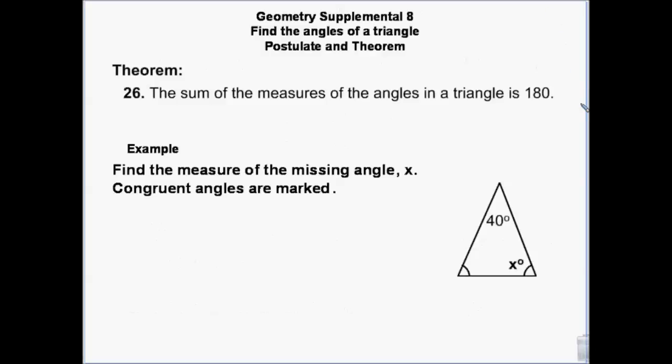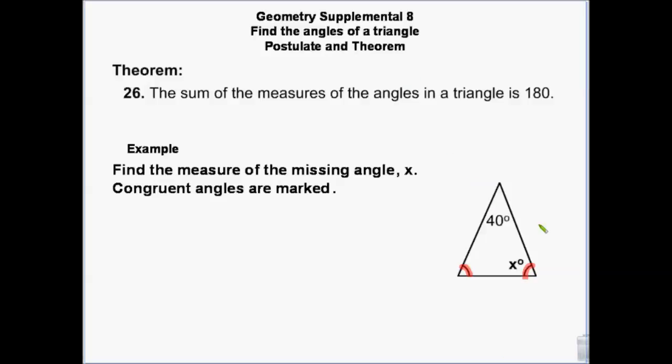This one you should already be familiar with. The theorem: the sum of the measures of the angles in a triangle is 180 degrees. Everybody clear on that? Triangles add up to 180? Okay, I thought so. So if we have a triangle and it has these kind of marks like this, angles with the same number of little loops in them are the same measure.